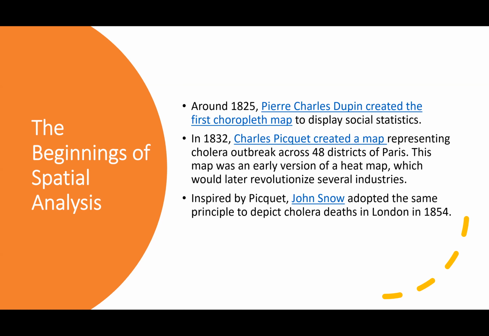So the first choropleth maps were the first inklings of spatial analysis to study social statistics, an early version of a heat map. Heat maps have become more common, and heat maps denote a density of activity in a particular area. Not density like physics, but density as we calculate the number of things per square unit of some sort.